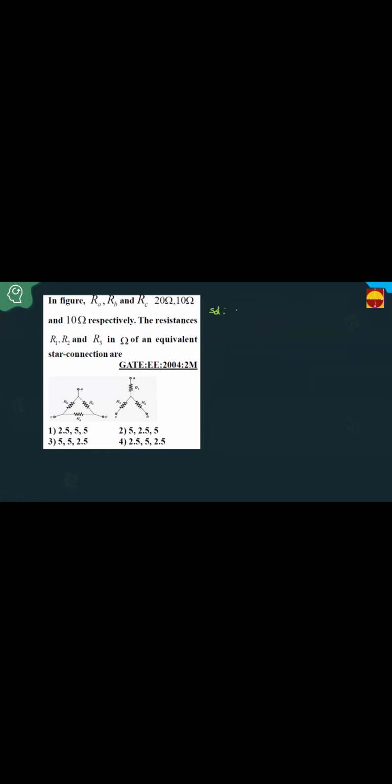Calculate, what is R1? This is R1, this is R2, and this is R3. R1 equals the product of the opposite resistances, RB into RC, by RA plus RB plus RC.